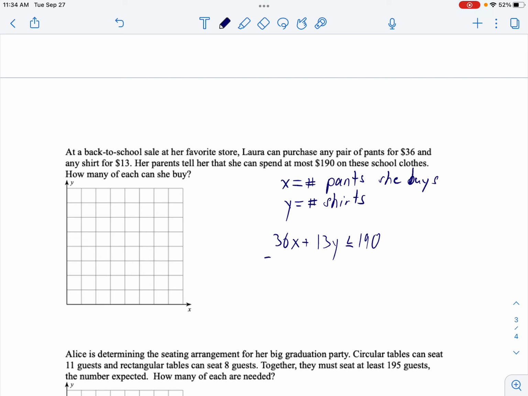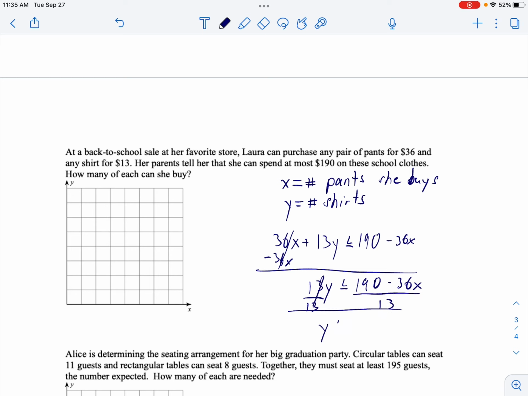So let's put it in the slope-intercept form. So 13y is less than or equal to 190 minus 36x. Divide by 13. All right, we divided by a positive, so we don't need to flip the inequality symbol. 190 over 13, what's that?